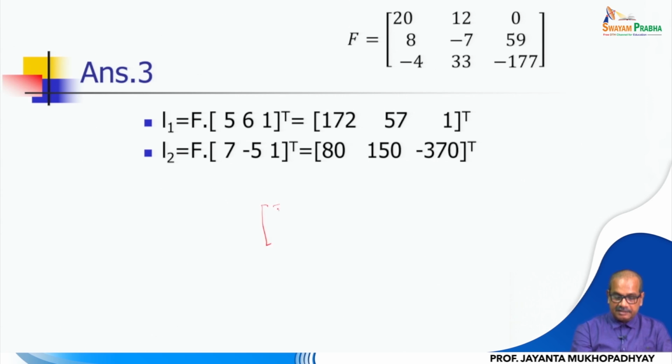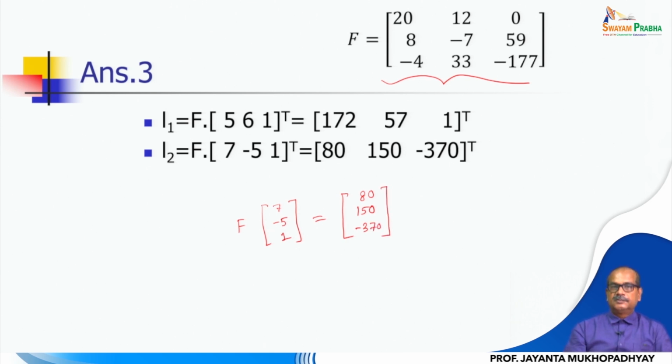Then you multiply this with the matrix F, and you will get 80, 150, minus 370. So this is an epipolar line.